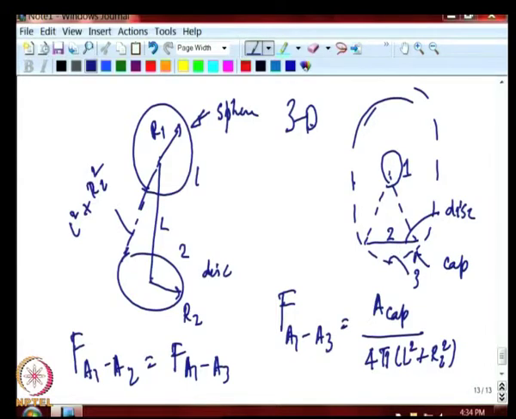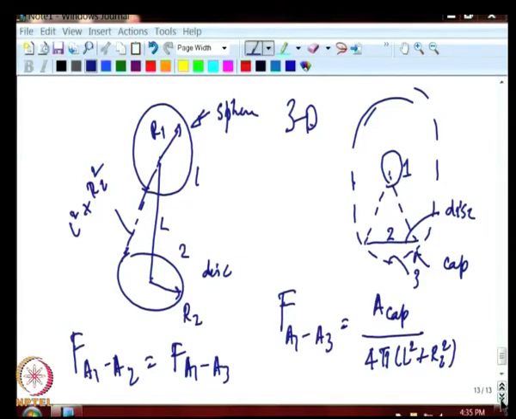Okay, that is the only idea that is being exploited here. And so, we are able to derive an expression for F a1 to a2 without actually integrating any equation, by just appealing to the symmetry. The problem has a symmetry which exploits this fact, but I must warn you, sometimes symmetry can mislead you.